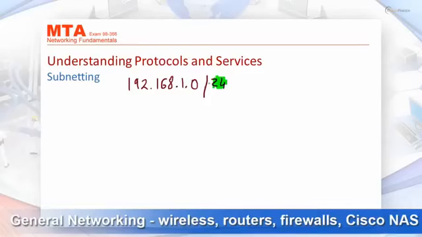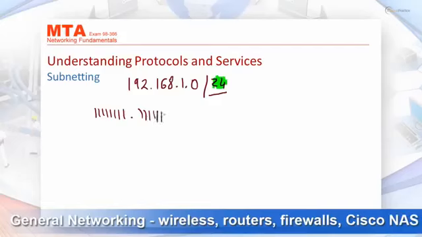Now I want you to focus. 24 is the number of bits in your subnet mask, the number of ones in your subnet mask. And you all go, what do you mean? Here we go. 24 ones. Let me do that for you. 1, 2, 3, 4, 5, 6, 7, 8.